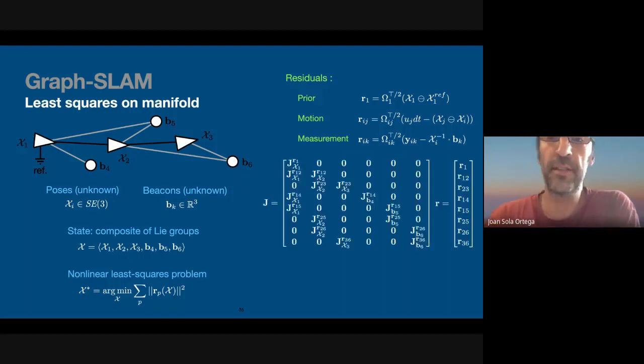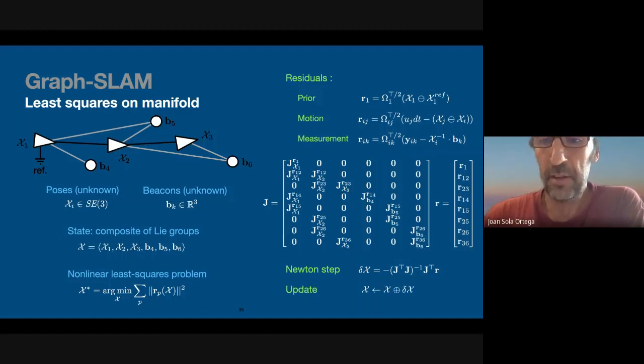So you put all this in a big matrix, all the Jacobians, and so you obtain the Jacobians of the residuals, you put them in a big matrix. Again, I'm not going to explain nonlinear least squares estimation, but this is the way you go. And then you compute a Newton step, the delta x, and you compose it with the old x with the plus operator. So delta x is a vector, x is a set of manifolds, and you can define a plus operator so that the new x obtained after the update is perfectly on the manifold.